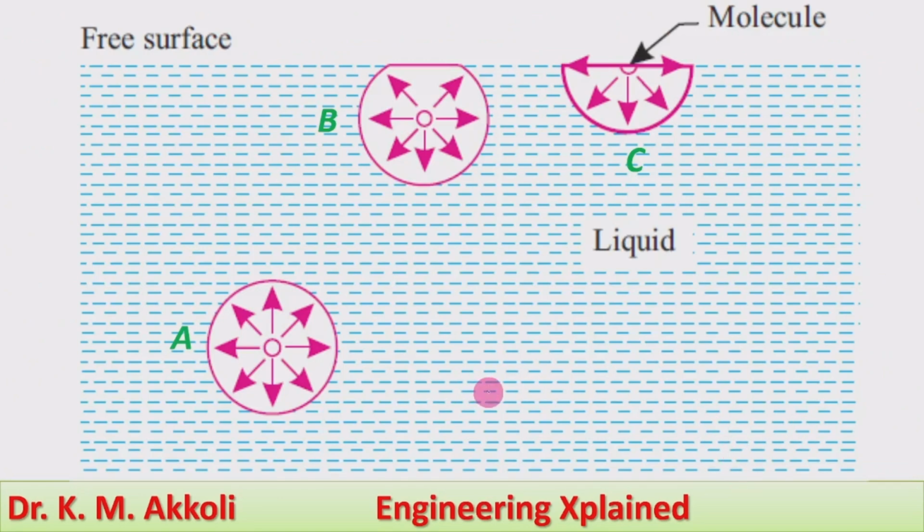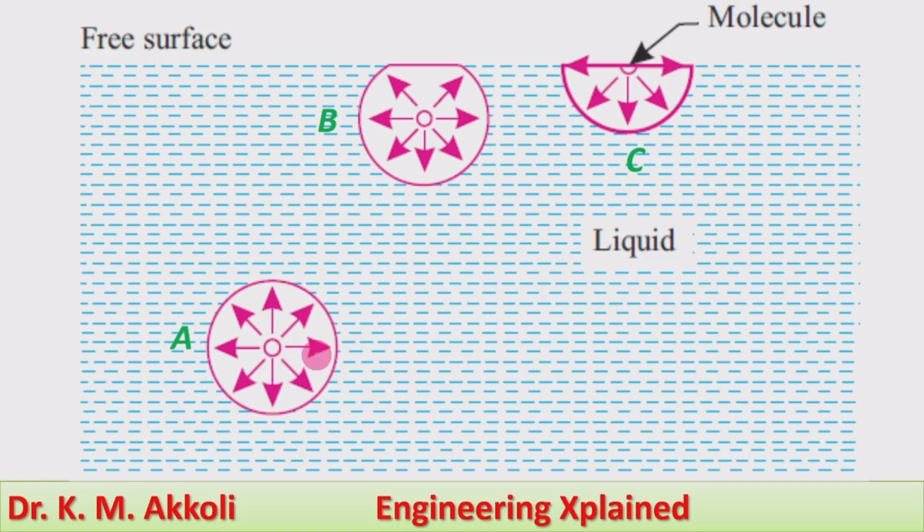This sketch can be taken for the explanation of surface tension. Here we will consider three molecules, molecule A, B and C. Molecule A is inside the liquid, and as molecule A is surrounded by molecules which attract it, there is an attraction force acting on molecule A, called the intermolecular attraction.